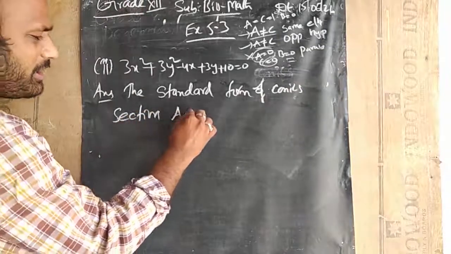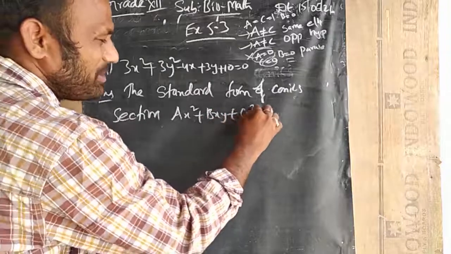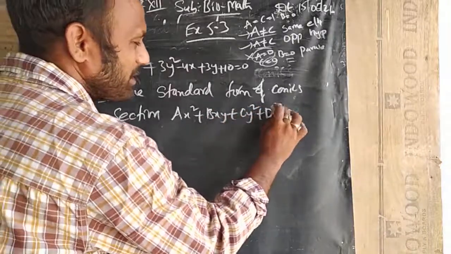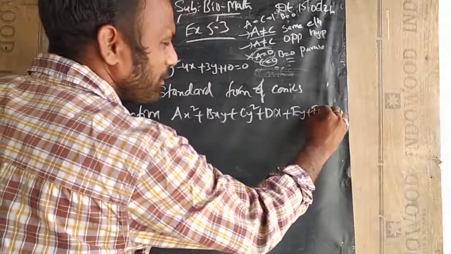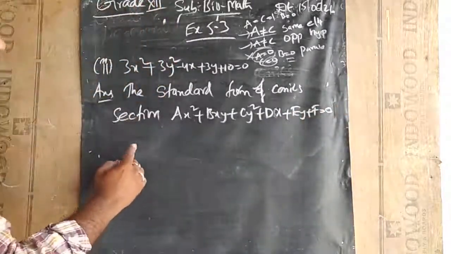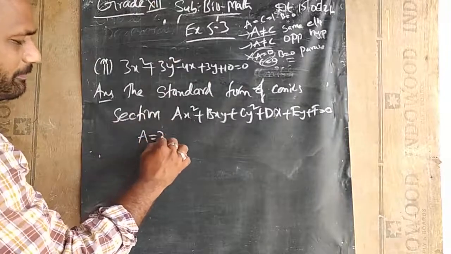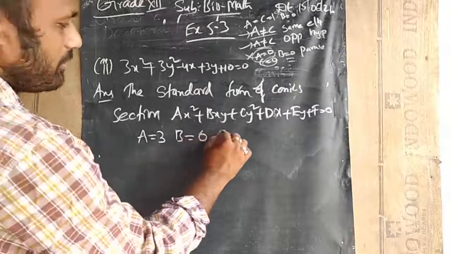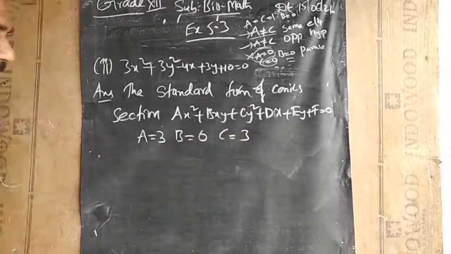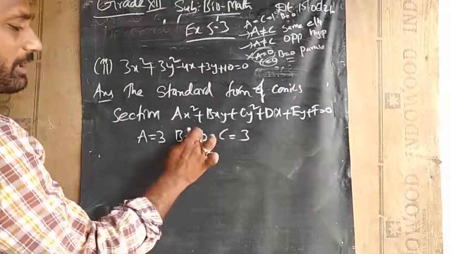That is ax square plus bxy plus cy square plus dx plus ey plus f is equal to 0. If I compare with this, a value is 3, b value is 0, and c value is 3. So 3 and 3. Now look here, condition b is 0.